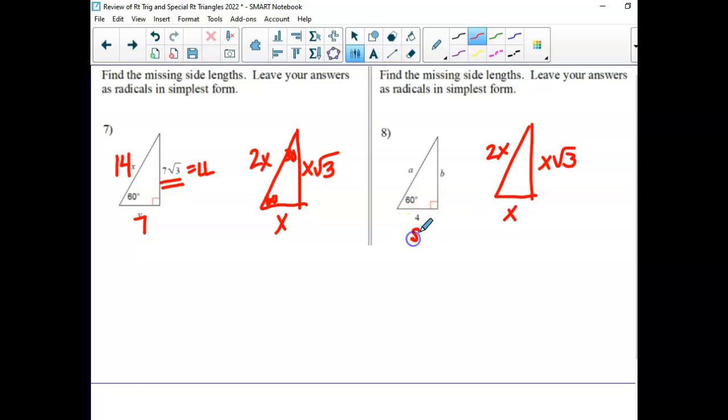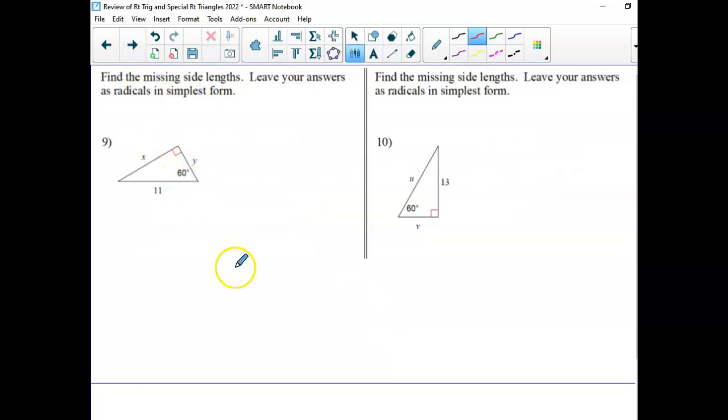If we know the short leg is 4, then the hypotenuse is 8, and the long leg is 4 square roots of 3. You have to leave these in exact radical answers. You can't just use Pythagorean theorem in your calculator and some trig, okay? Because you'll get decimals.